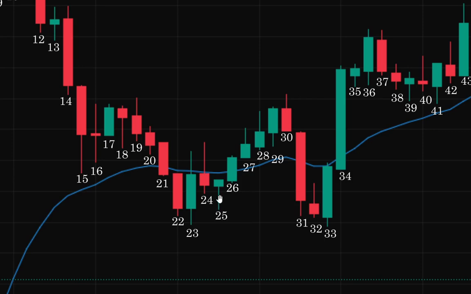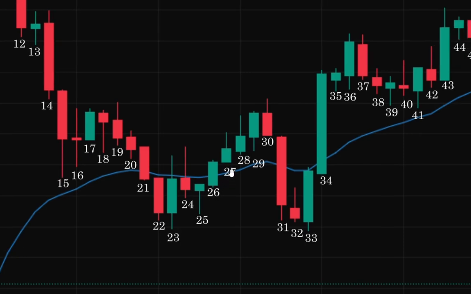As you can see, if you consider bar 26 as a signal bar, the price didn't go below 26. Then, let's say this is the signal bar, the price didn't go below 27, and bar 28's low didn't go below 27.